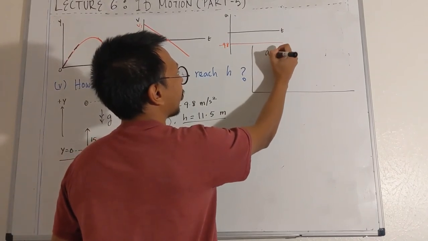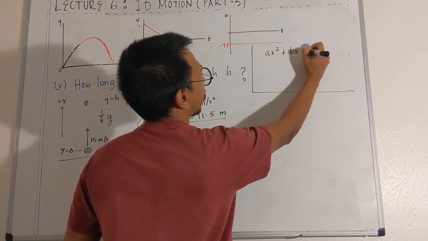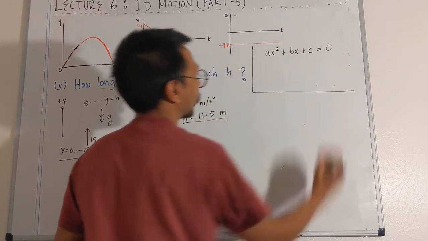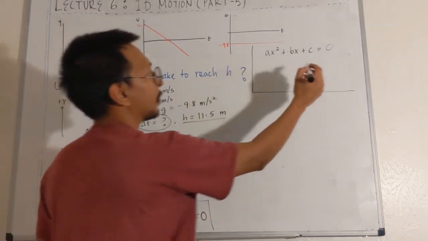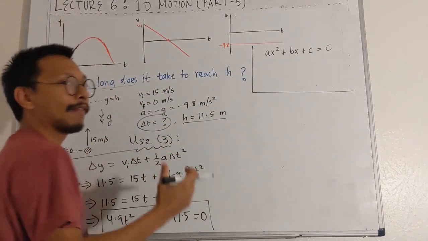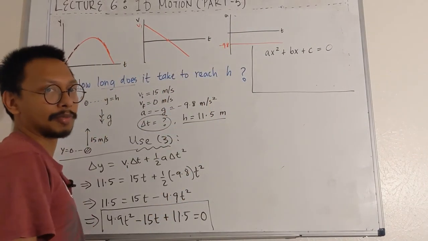Let's say we have the equation ax squared plus bx plus c equals 0. Remember, every term should be on the left hand side of the equation, and the other side must be 0.